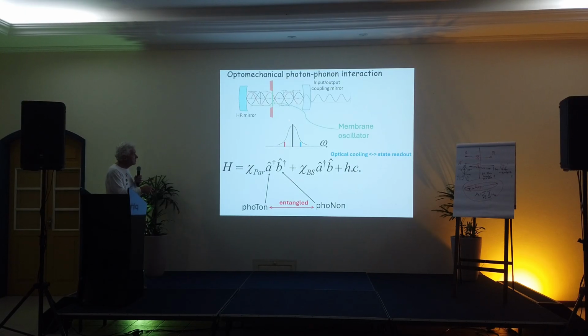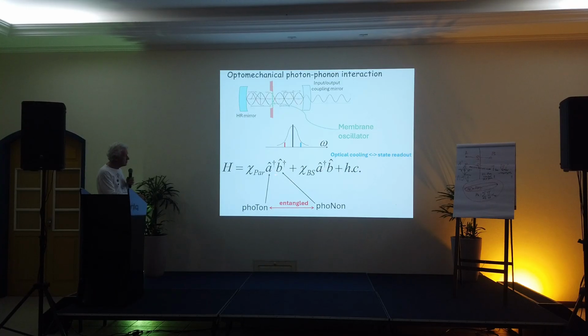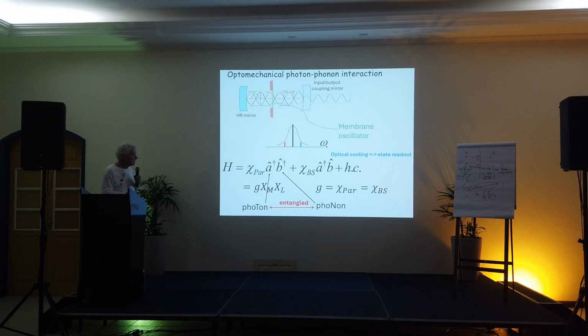If on the other hand, you put this laser smack in the middle, then both processes happen. So you have to add those two with equal weights. And if you heard my lectures attentively, then you would say, aha, if I have the sum of those terms, then I get a QND interaction, quantum non-demolition interaction.